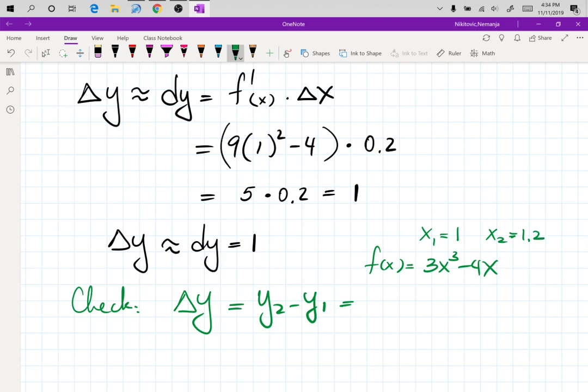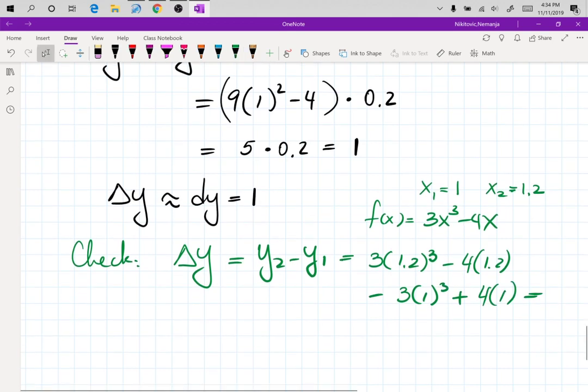So I have 3 times 1 cubed minus 4 times 1, minus, and now we use 3 times 1.2 cubed minus 4 times 1.2. So now we compute this and we'll see the change in y.